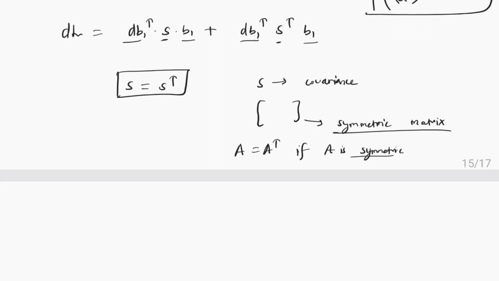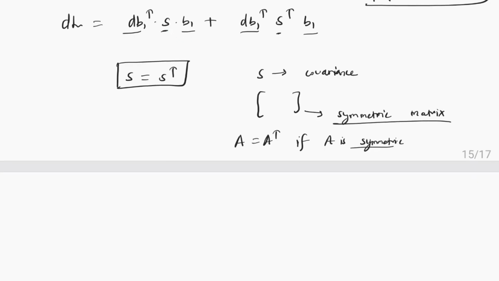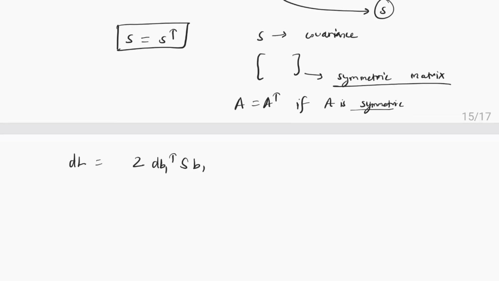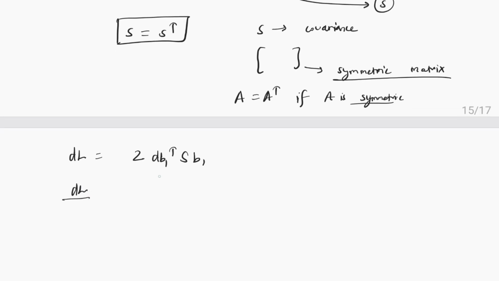So we utilize this, and we can say S is equal to S transpose, and then we can write this as two times dB1 transpose S B1, and when you bring this to the left hand side, then it becomes 2SB1.